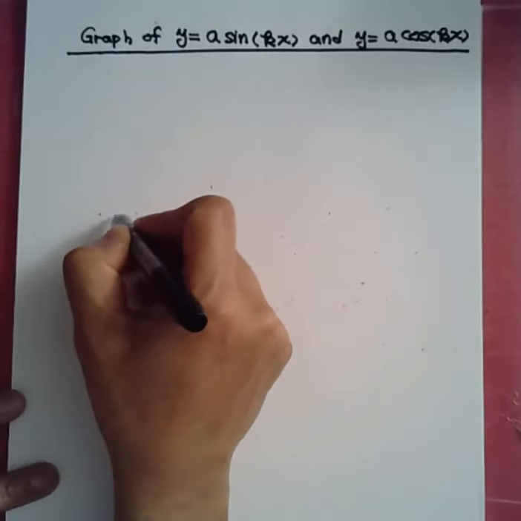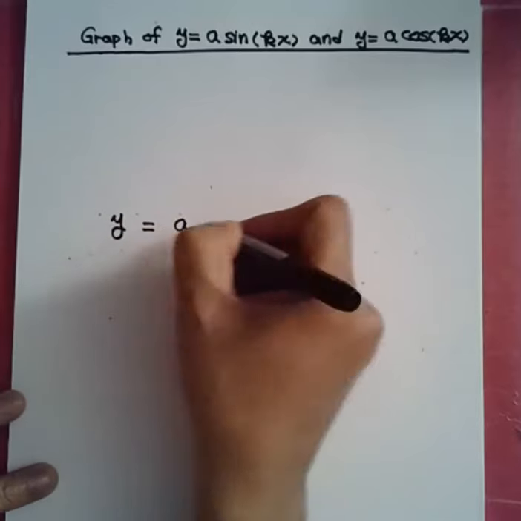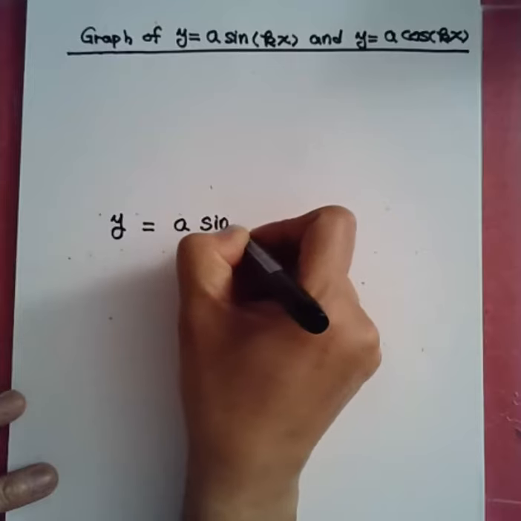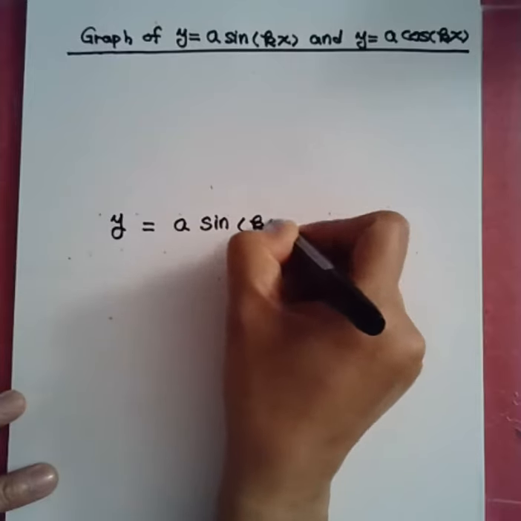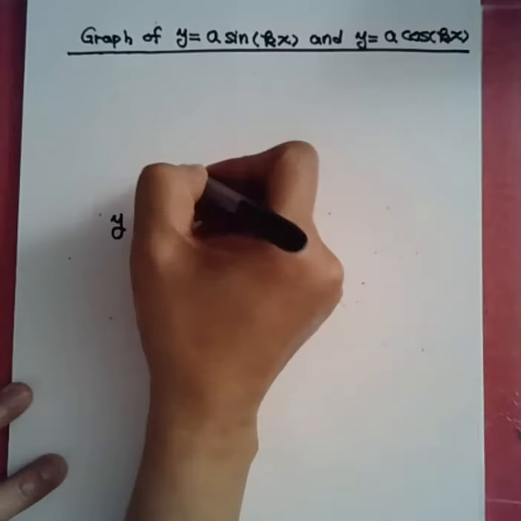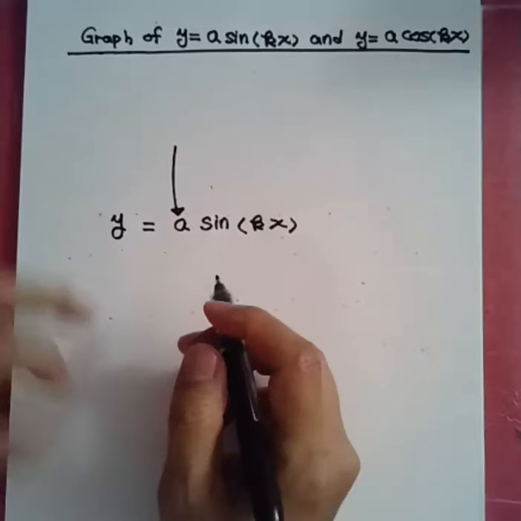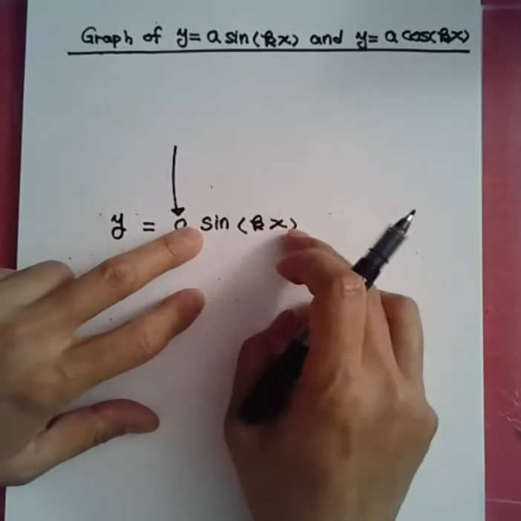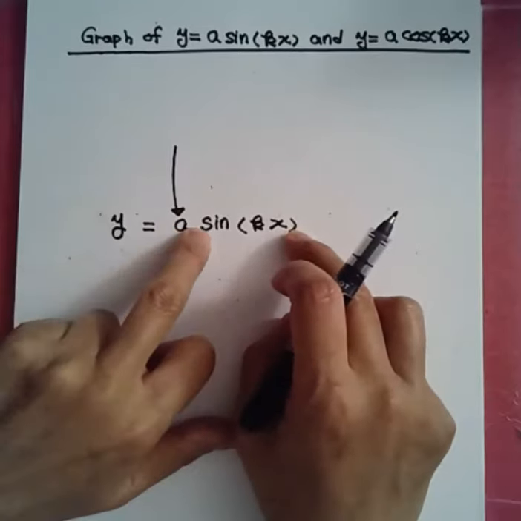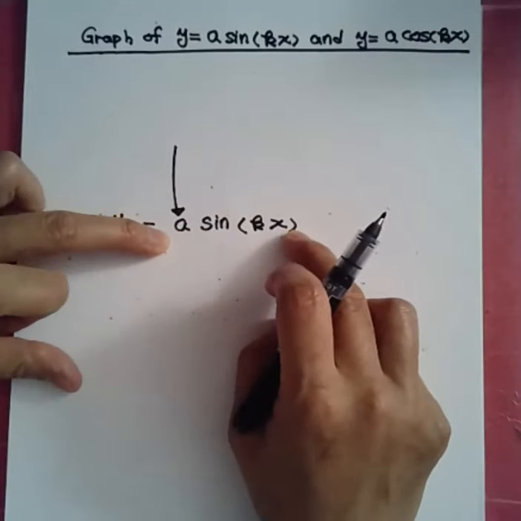Let's summarize that. y equals a times sine of kx. This a is multiplied to the entire function, so it changes the y value.